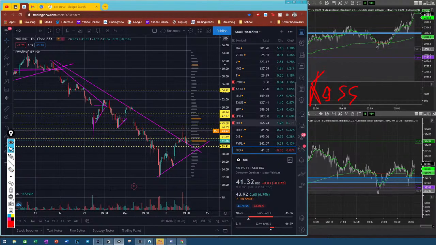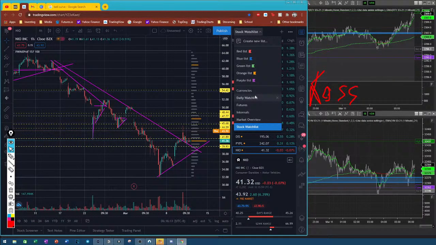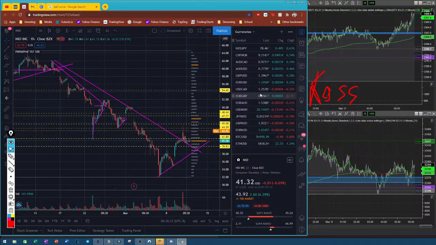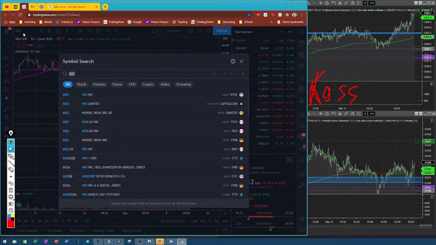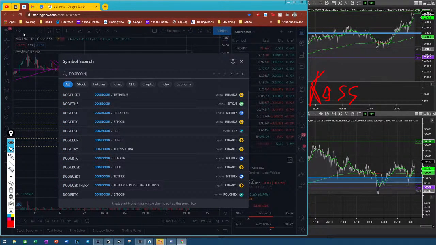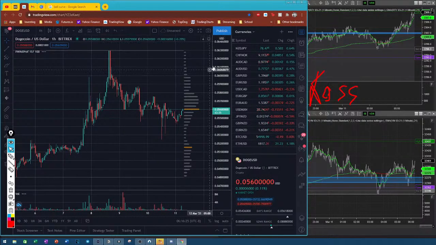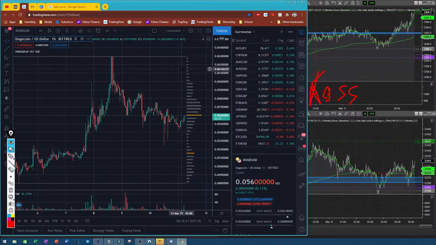So, let me see. I don't know if I have Doge on here or not. I don't think I do. Okay, here we go. So Dogecoin to USD. And this thing's been in a clear downtrend. It is starting to build some support here, which I like.